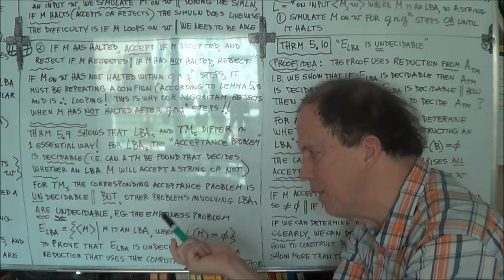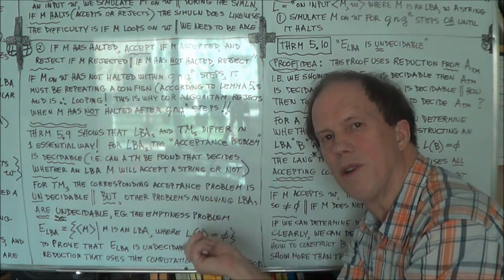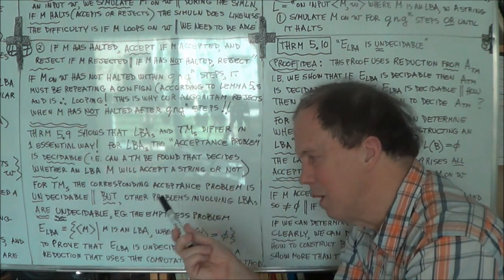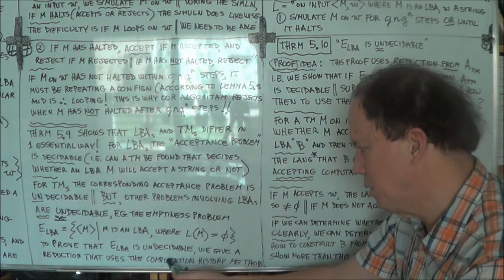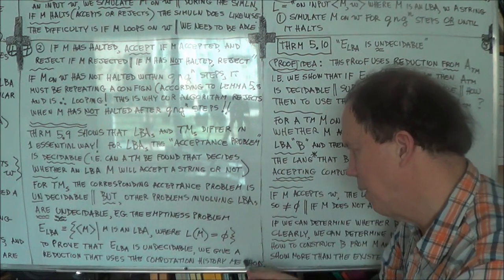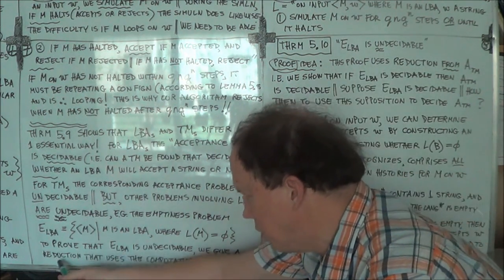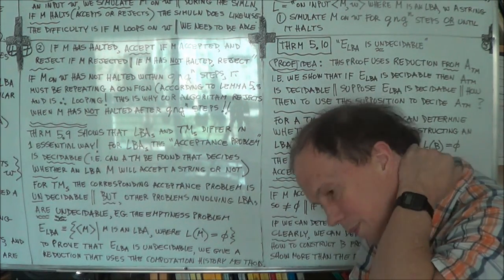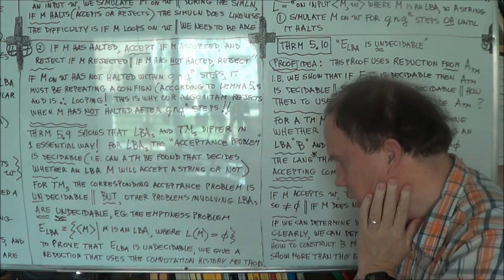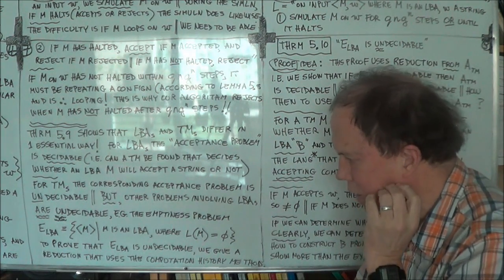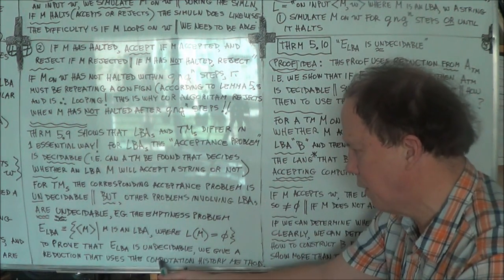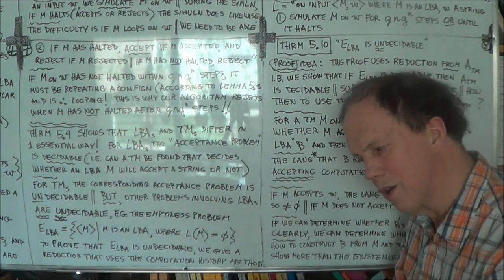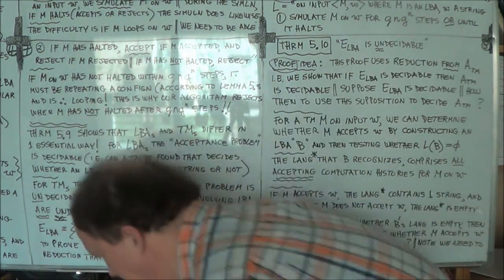Well, now the moment of truth has arrived. Now we're actually going to do that. We're going to use a computation history, and we're going to reduce one problem to another, and that reduction will involve using a computation history. So we're starting to bring it all together now.